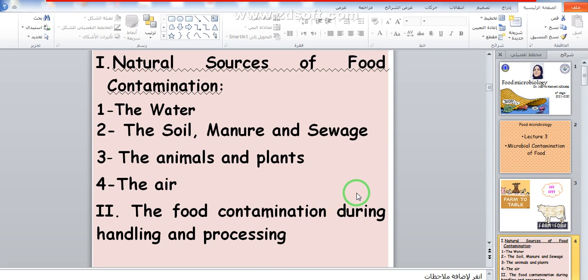There are two sources of food contamination, either natural sources or food contamination during handling and processing. Regarding natural sources, they are either the water or the soil, manure and sewage, animals and the plants, and the air.